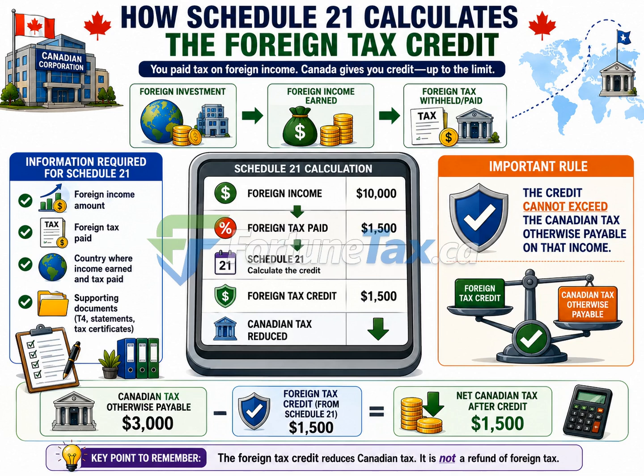It does not refund the foreign tax that was already paid to the foreign government. The key takeaway is this: Schedule 21 gives credit for eligible foreign taxes that have already been paid, reducing the Canadian federal tax on the same foreign income. It is a tax credit designed to prevent double taxation, not a mechanism for recovering foreign taxes from another country.